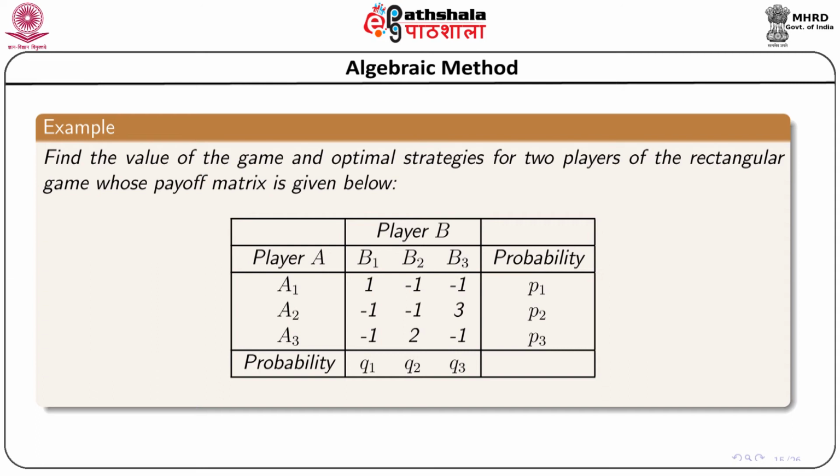Here we have three strategies A1, A2, A3 for the player A and three strategies B1, B2 and B3 for the player B, and the corresponding probabilities for the strategies A1, A2, A3 are P1, P2, P3, and for the strategies B1, B2, B3 are Q1, Q2 and Q3.